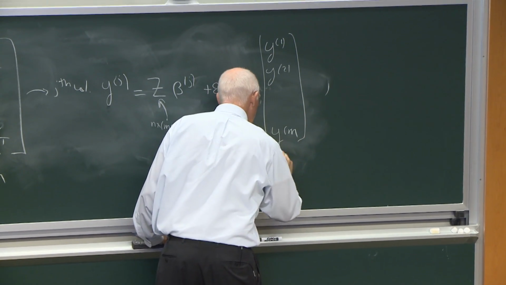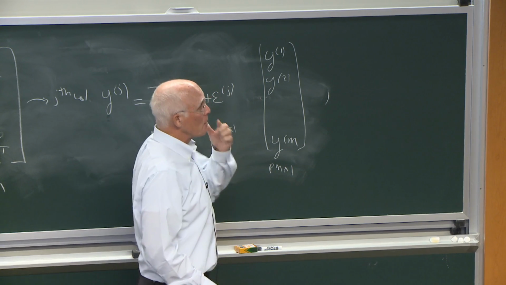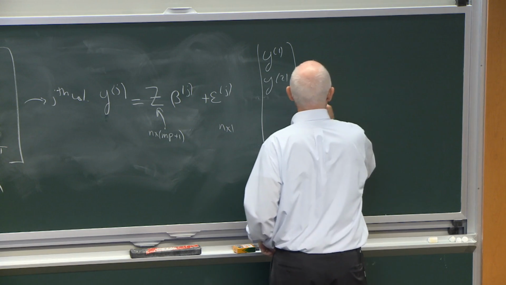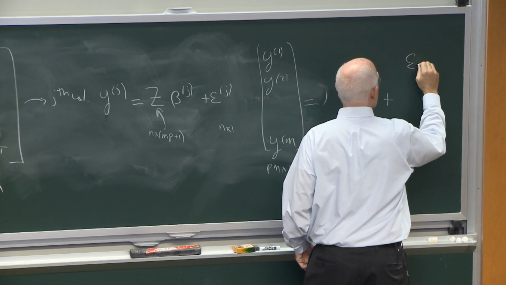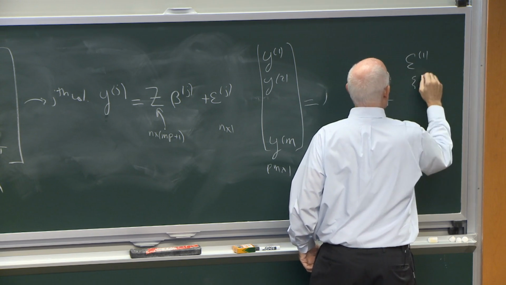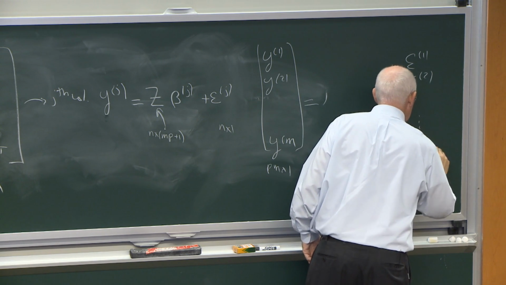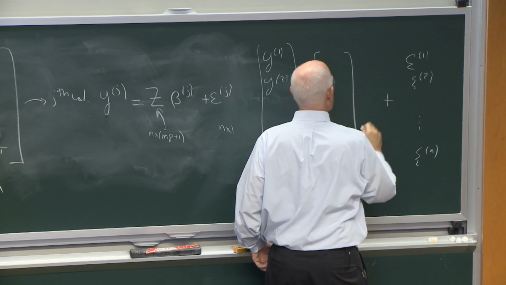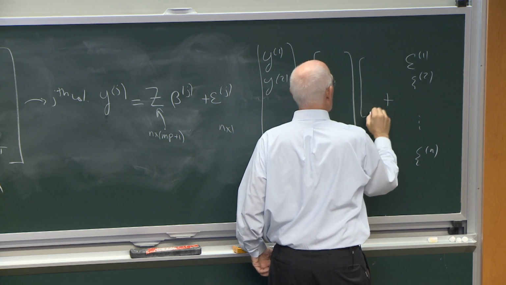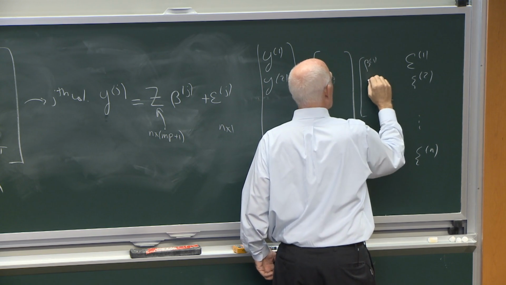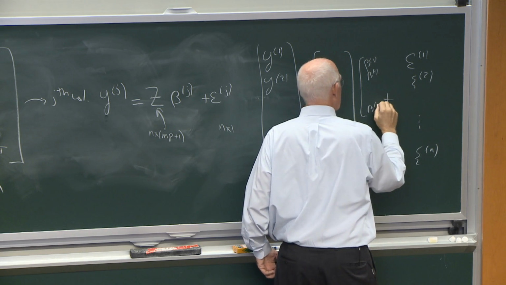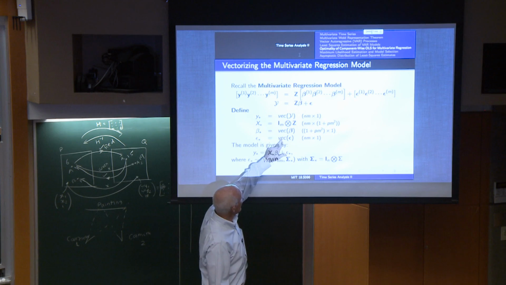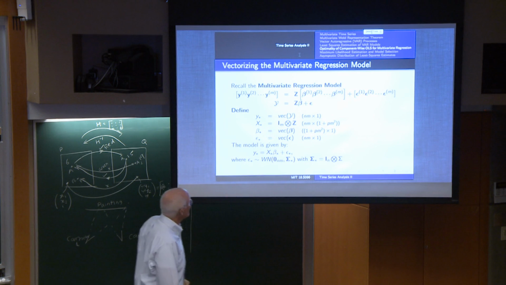So this is pm by 1. That's going to be equal to some matrix plus the epsilon 1, epsilon 2 down to epsilon n. And then there's going to be a matrix and a regression coefficient matrix, beta 1, beta 2 down to beta p. So we consider vectorizing the beta matrix, vectorizing epsilon, and vectorizing y.